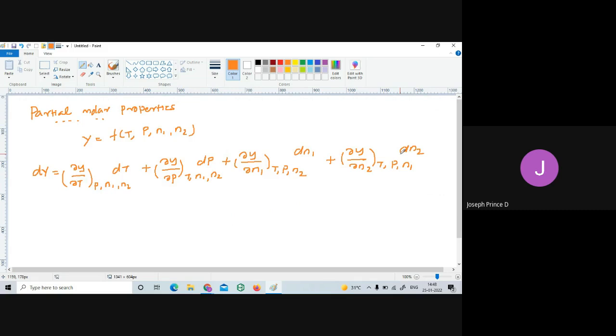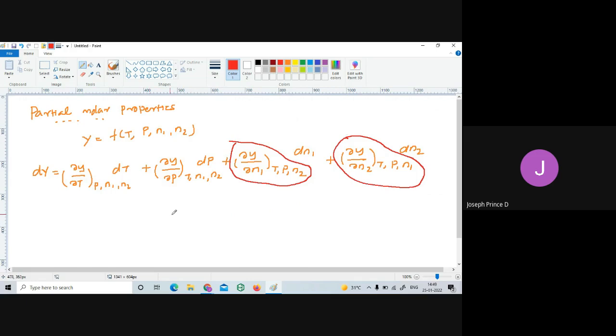And here these two derivatives, the first one and then this one, show the variation of that thermodynamic function with the change in the amount of substance at constant temperature and pressure, and they are known as partial molar properties.